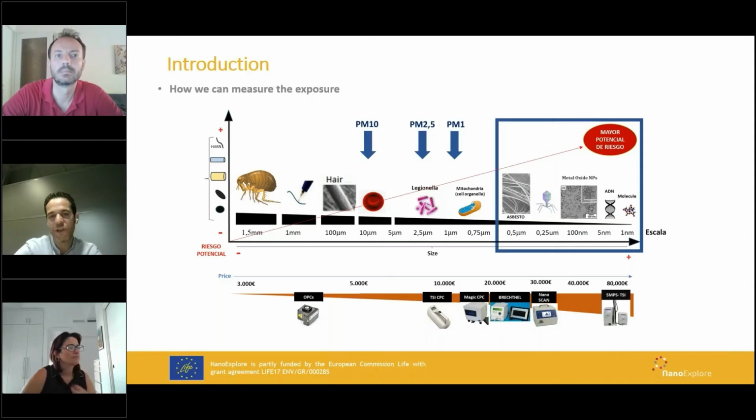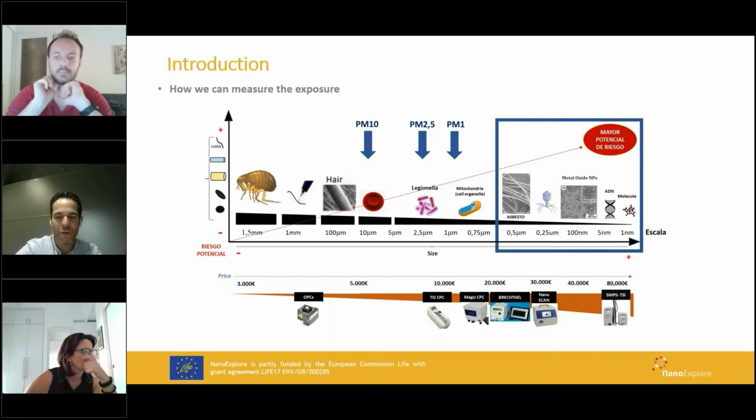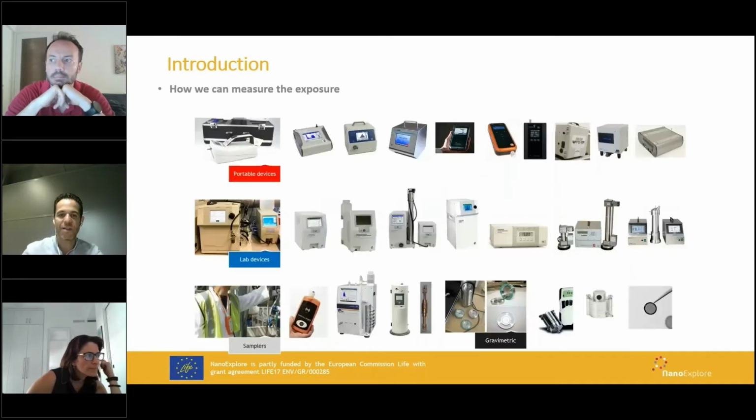But of course, if you are interested in the size range, considering nano, you have to go to particle counters. You can also use cyclones to decrease the size that you are measuring, or scans like the NanoScan or the SMPS. So normally it's what we include in the sampling campaigns.